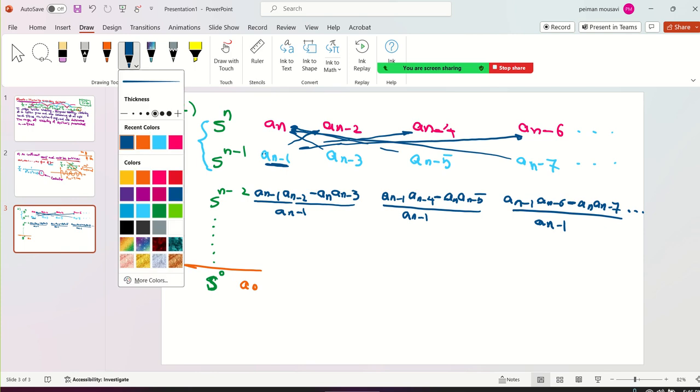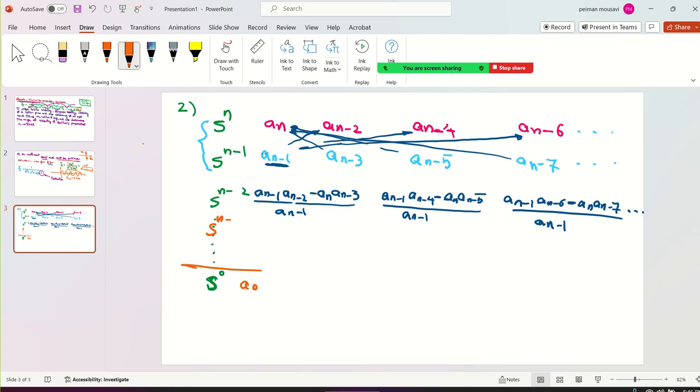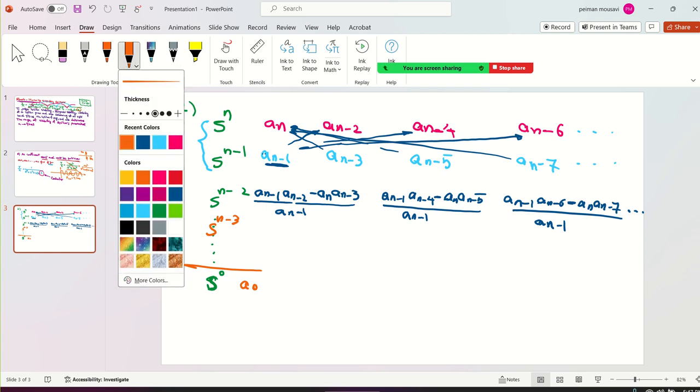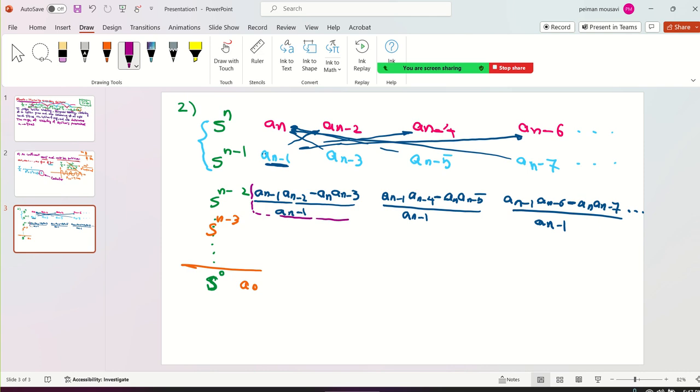I'm just doing here for example. Let's put s to the n minus 3. What you're gonna do is the same. Let me call this A, and call this B to avoid repeating.